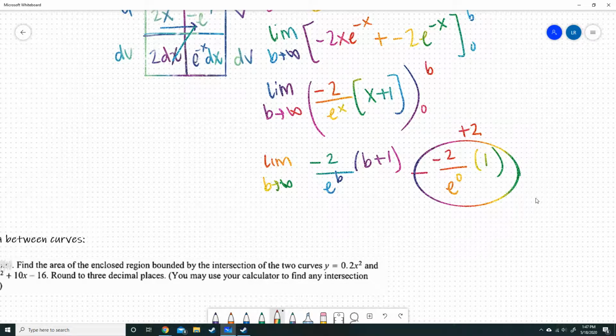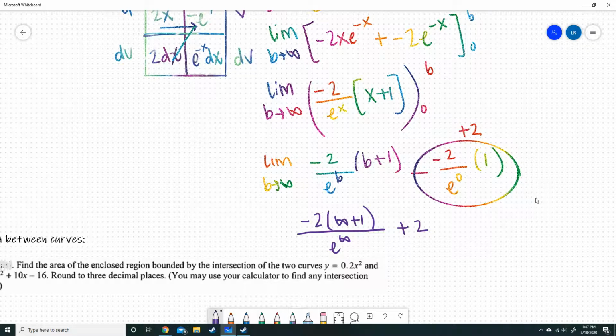And now I can plug in this infinity. So I'm going to have negative 2 times infinity plus 1 over e to the infinity, plus 2. You have to evaluate which infinity is going to be bigger. Is the infinity on the top going to be bigger, or is the infinity on the bottom going to be bigger?